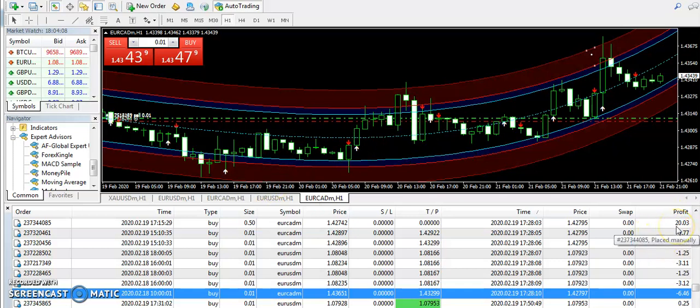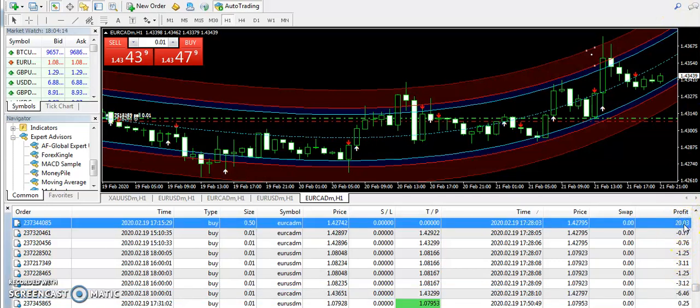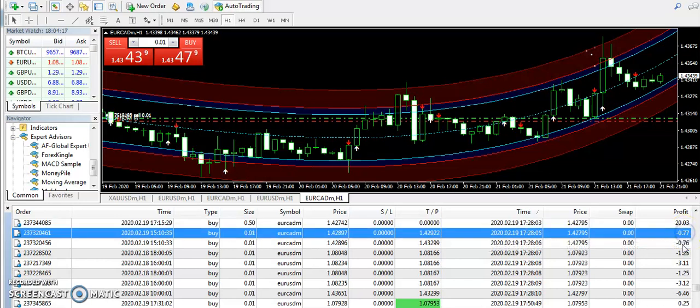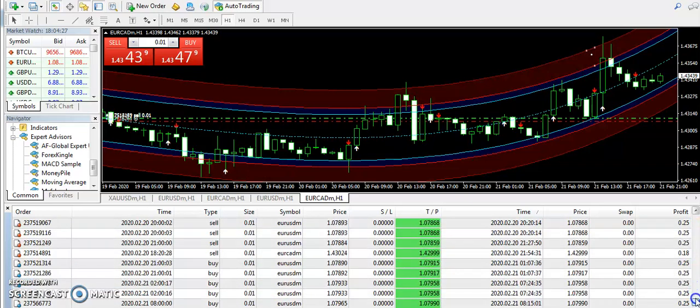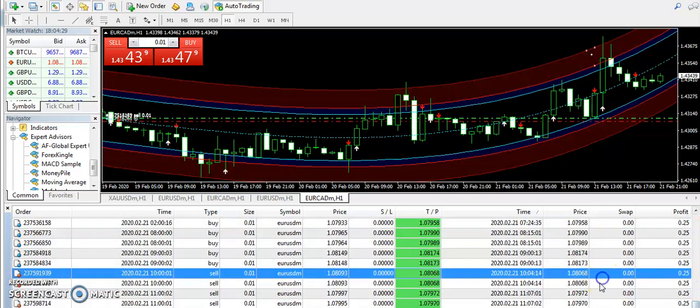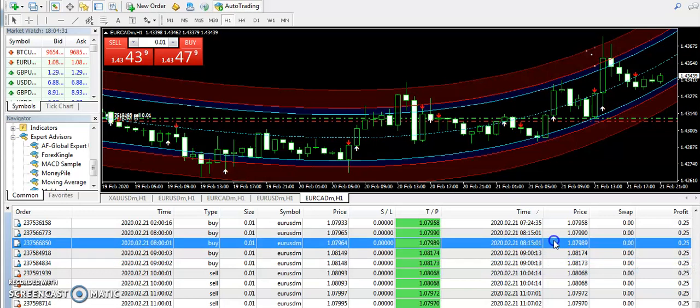Now I'm back to the point where I closed all the bunch of trades because the $20 profit was already made. So I closed all of the losing trades, restarted my MT4 terminal, and let the expert advisor work again with 0.01 trading, and those were the results you can see that happened on the 21st of February 2020.